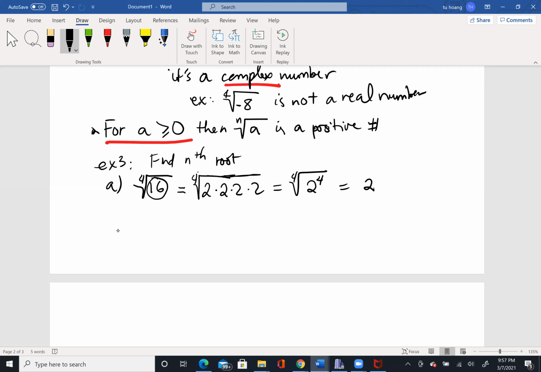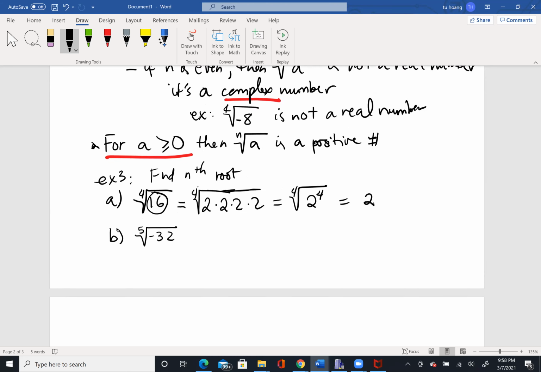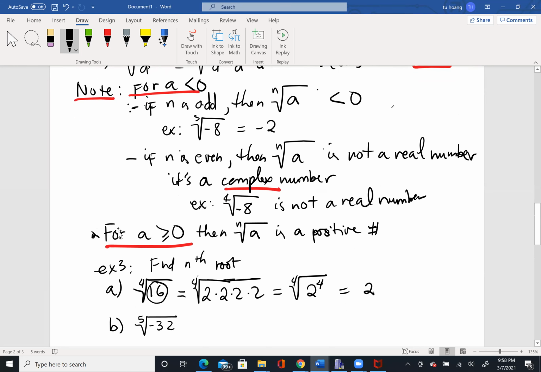Now, let's have B: say the fifth root of negative 32. Let's take a look at the notes over here.